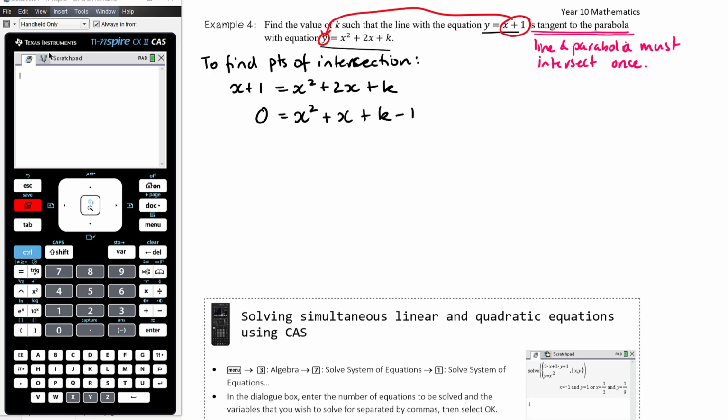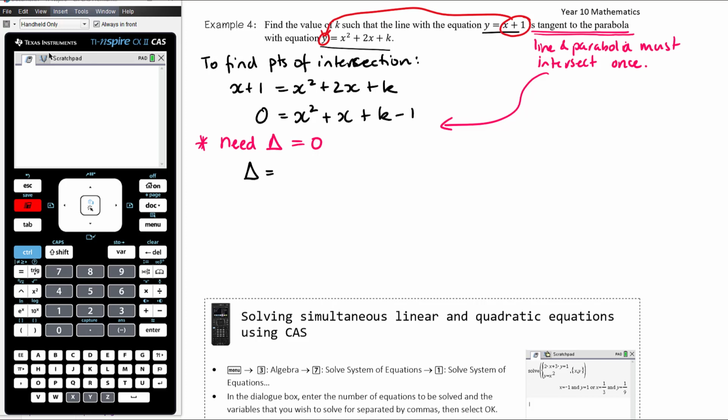Okay, so if they need to intersect once, that means that we need the discriminant of this equation to be equal to 0, because that will make sure that that equation has one solution, and therefore the line and the parabola intersect at just one point. Okay, so let's focus on finding the discriminant.